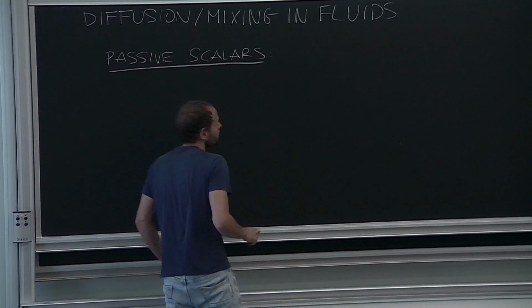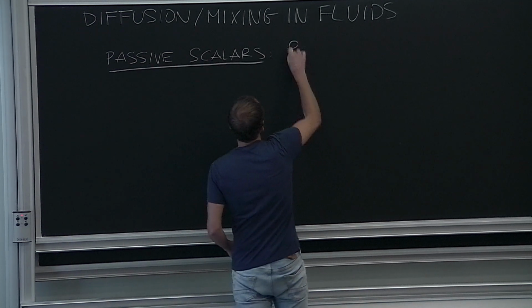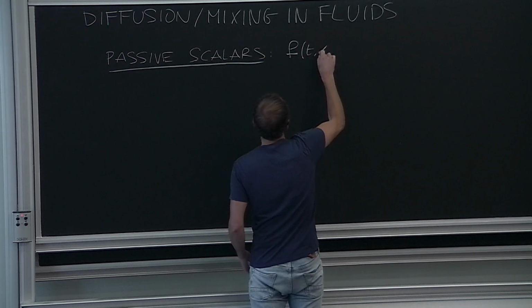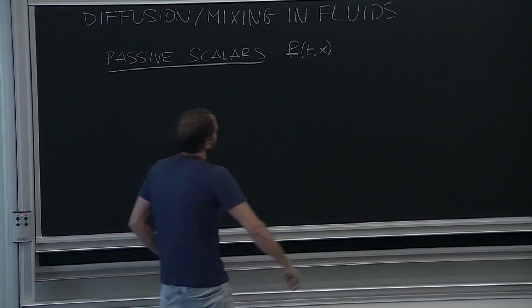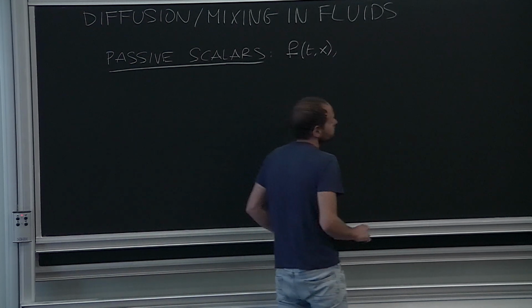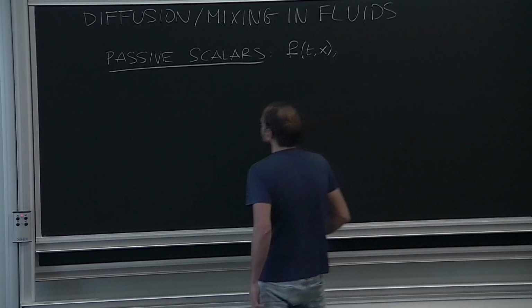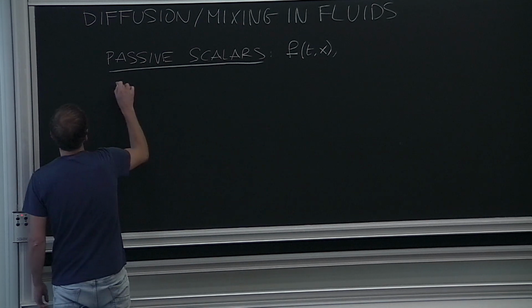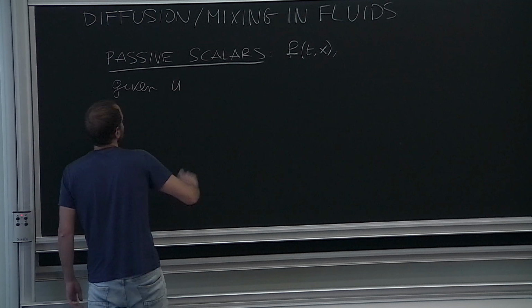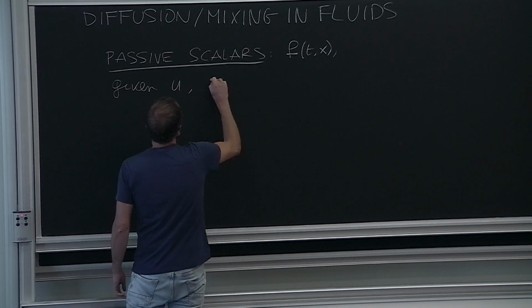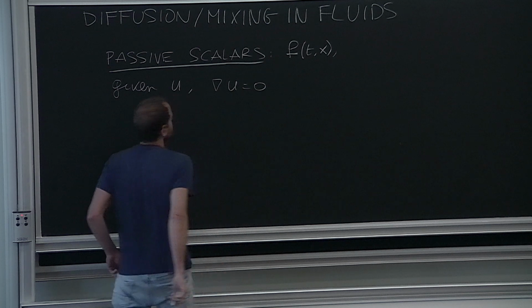So a passive scalar is just a scalar function f that depends on time and space. And it is transported by a given vector field, velocity field u. So given u, the divergence of u equals 0.